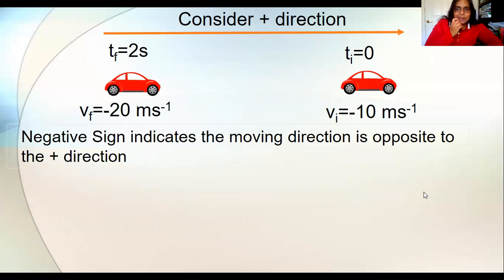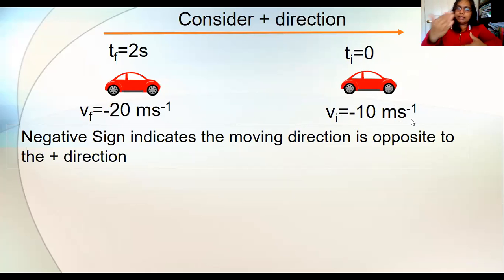All right, now let's consider a different scenario. Let's say my positive direction is towards the right, but here at the initial time, the velocity is negative 10 meters per second. So the car is really moving in the opposite direction to the positive direction. So here the positive direction is towards the right, but the velocity initially is negative 10 meters per second.